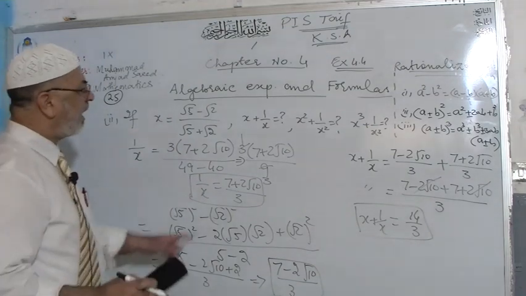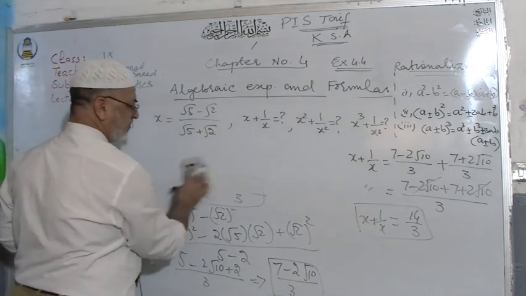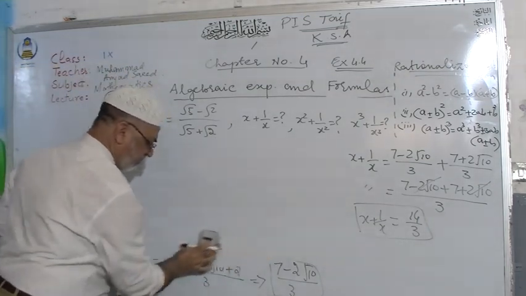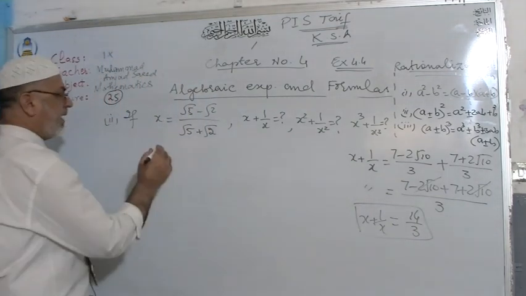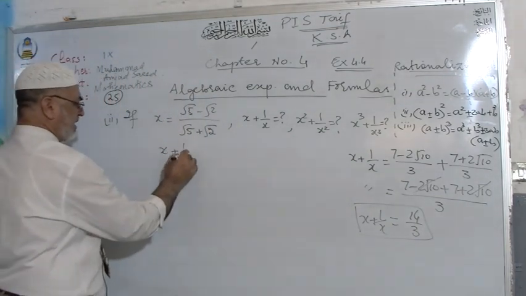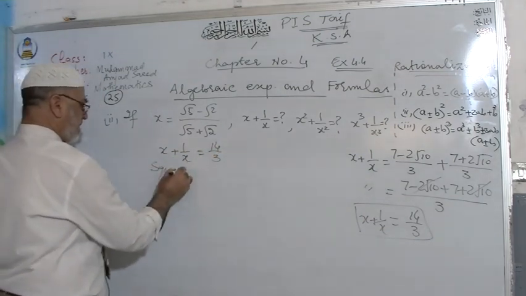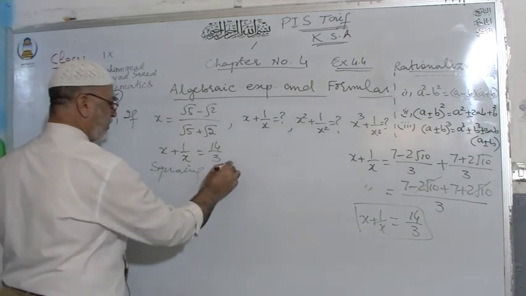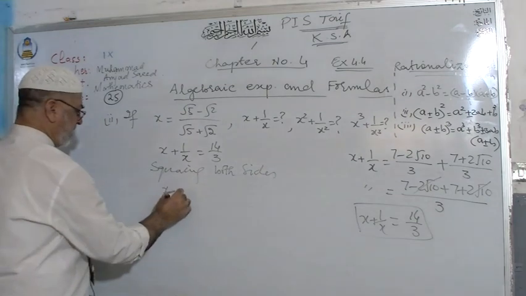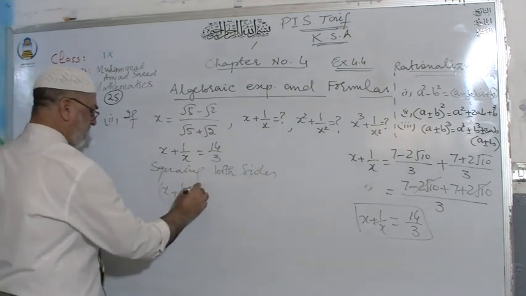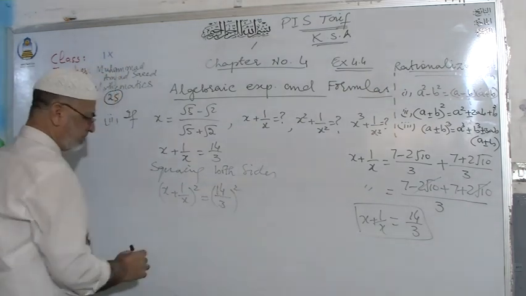After that, we have to find the value of this. Squaring x plus 1 over x is equal to 14 over 3, squaring both sides. x plus 1 over x whole square is equal to 14 over 3 whole square.